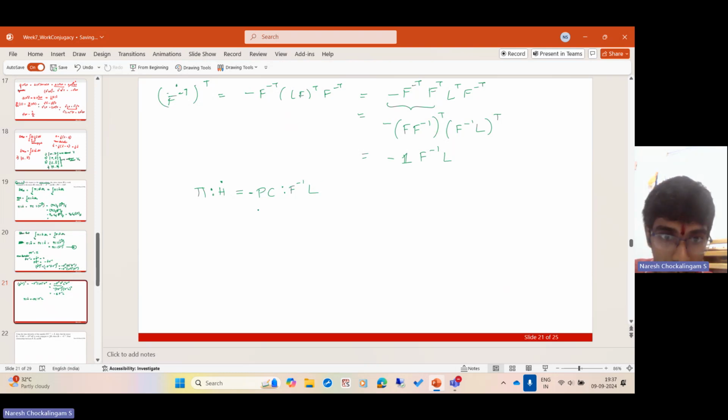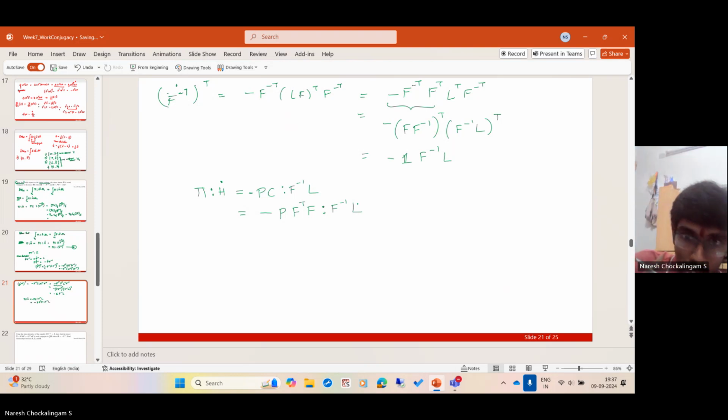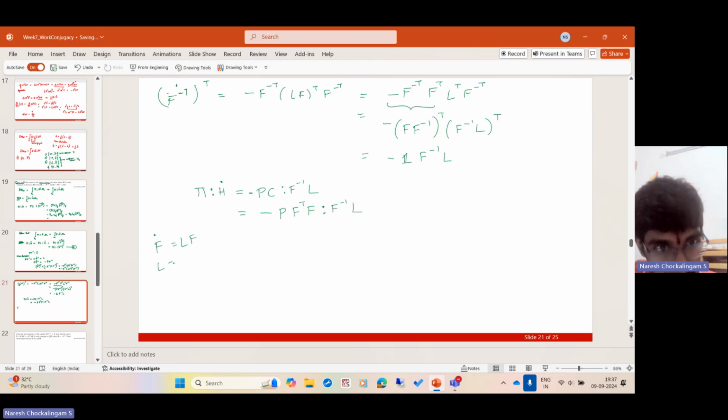Okay, so this further you can simplify. So you write it as minus P. What is C? C is F transpose F contracted with F inverse L. Now we know that F dot is equal to LF, which means L is equal to F dot F inverse.